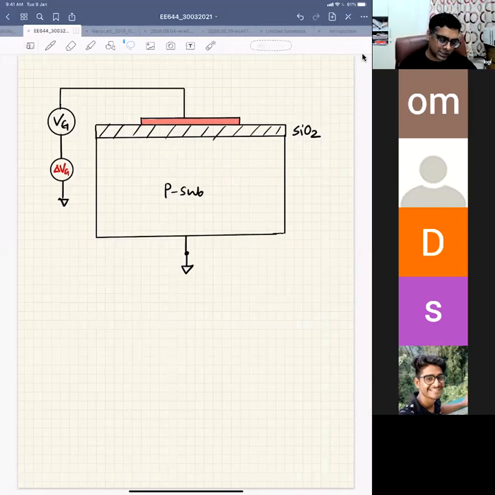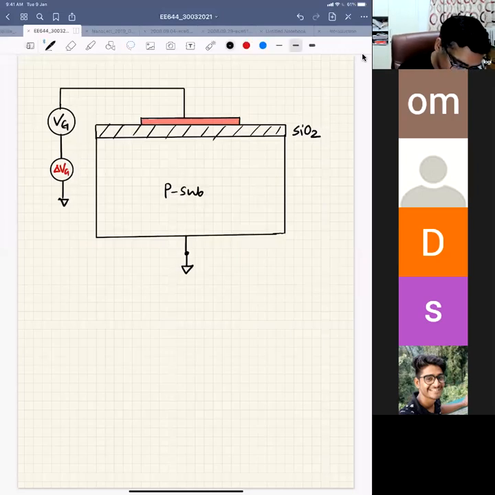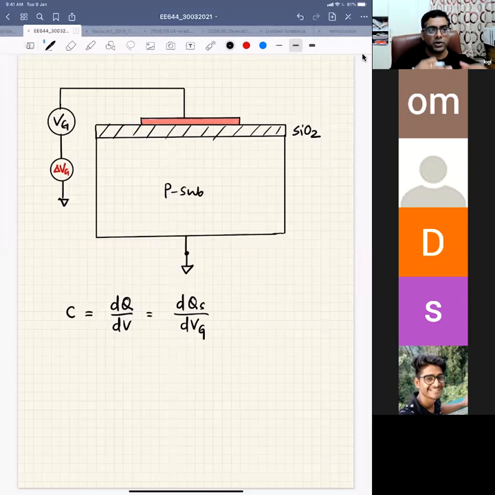So capacitance. Let me recap things a little bit. The capacitance is nothing but dq by dv, right? If you're giving some voltage to the gate, how does the charge in the semiconductor change? So basically this is dQs by dVg, because your input is your gate voltage, and your charge Qs is the charge in the silicon, right?